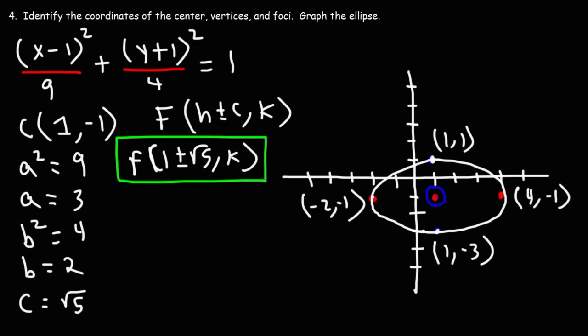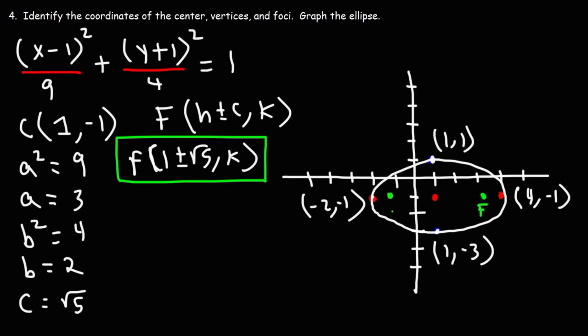So starting from the center, we would have to travel c units to the right. The square root of 5 is like 2.2 something, 2.236. So going a little bit more than 2 to the right would take us somewhere to this point, and a little bit more than 2 to the left will take us to that point.